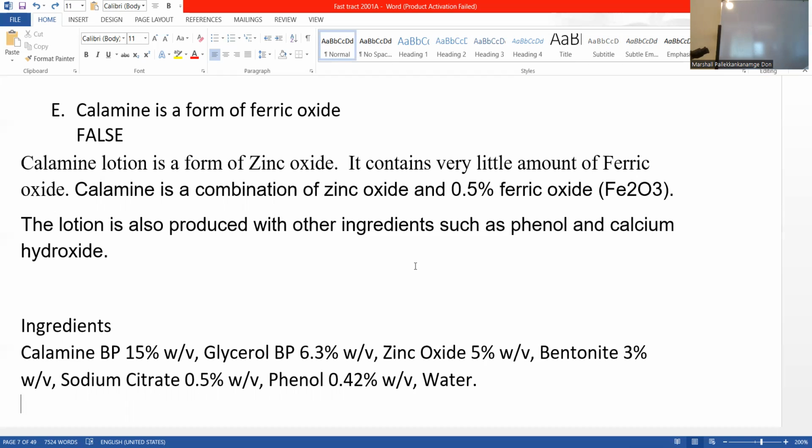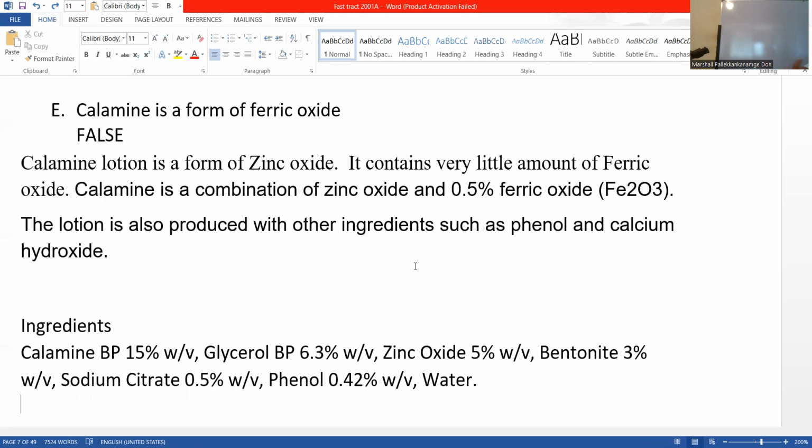You have to remember these ingredients. Normally they ask this, expecting you to remember the amounts of ingredients. Calamine BP is 15%, that is zinc oxide. Glycerol, then zinc oxide 5%, bentonite, sodium citrate, phenol and 0.42 phenol.